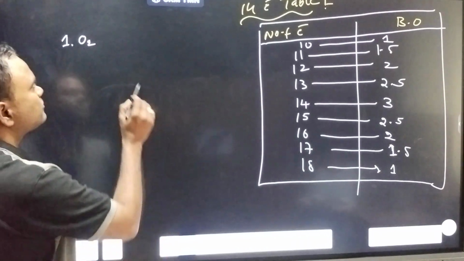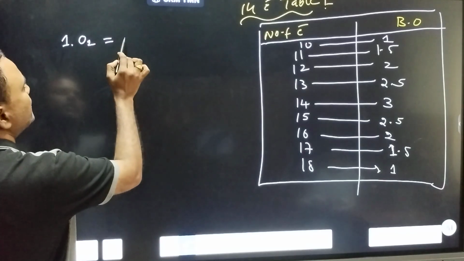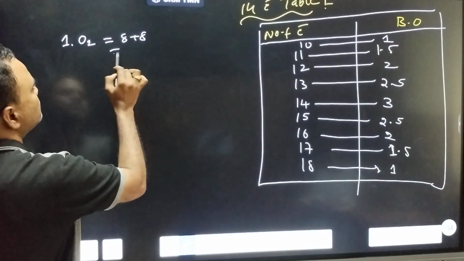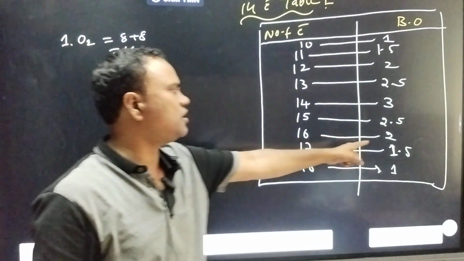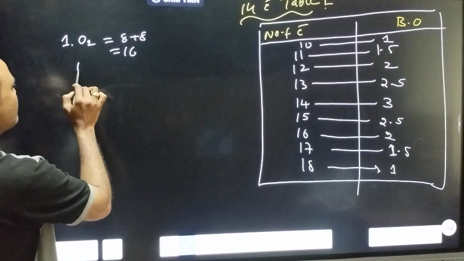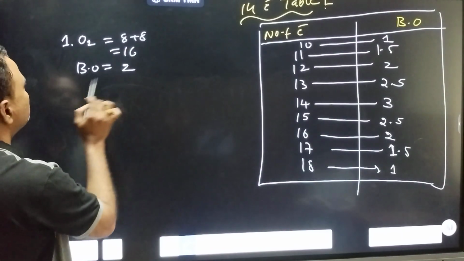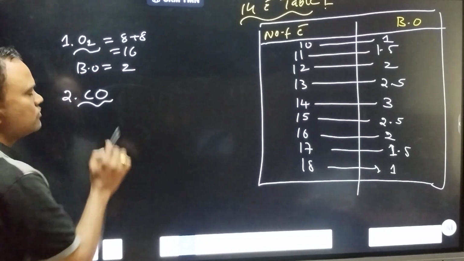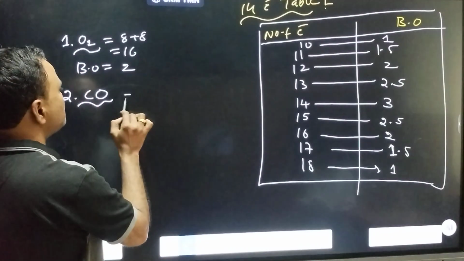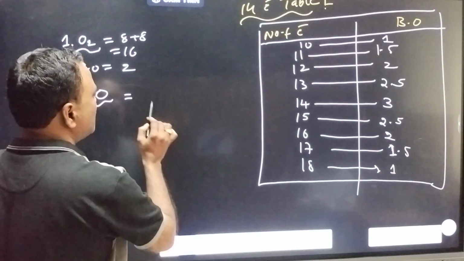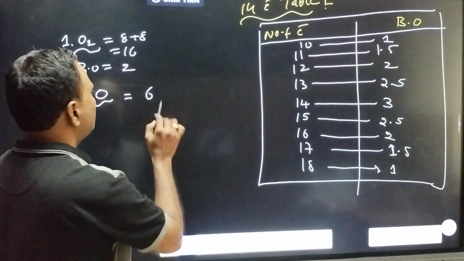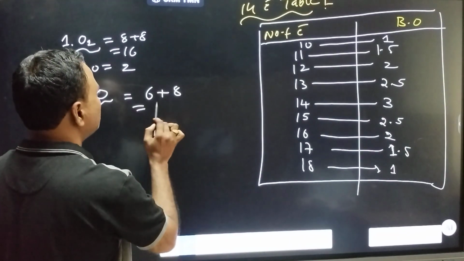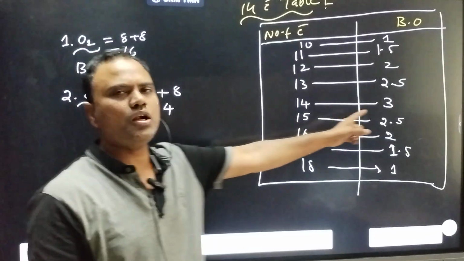The oxygen atomic number is 8, so 16 electrons. Bond order is 2. Next, CO, carbon monoxide. Carbon contains how many electrons? The atomic number of carbon is 6, oxygen is 8, so 14. 14 means the bond order is 3.